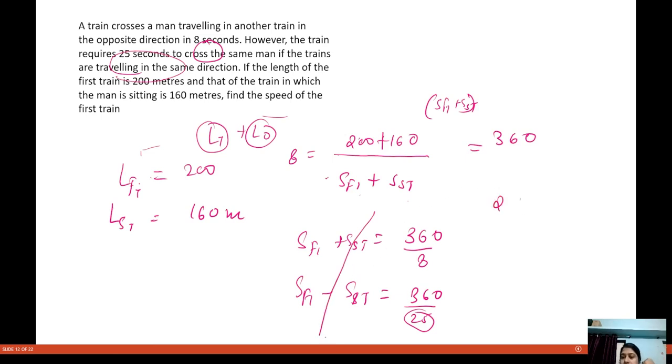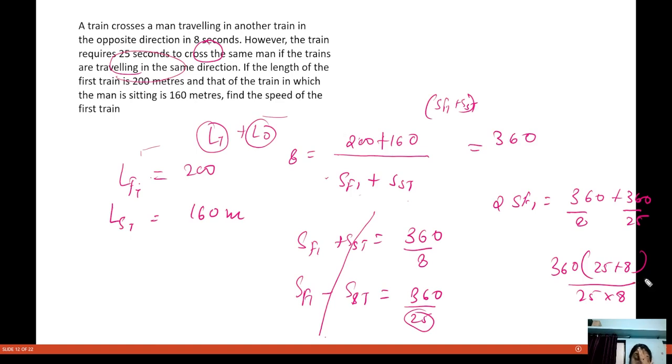So you have 2 times the speed of the first train is equal to 360 by 8 plus 360 by 25. So your LCM becomes 25 into 8. Take 360 common, you have 25 plus 8 here. So you have 360 into 33 divided by 25 into 8.